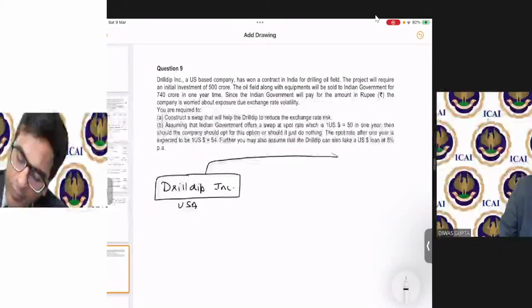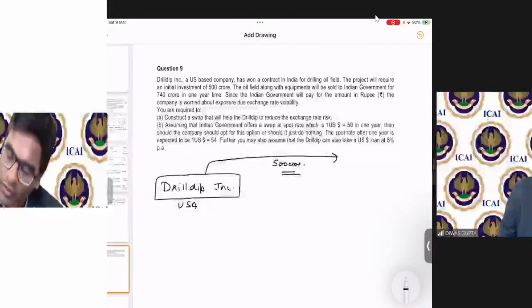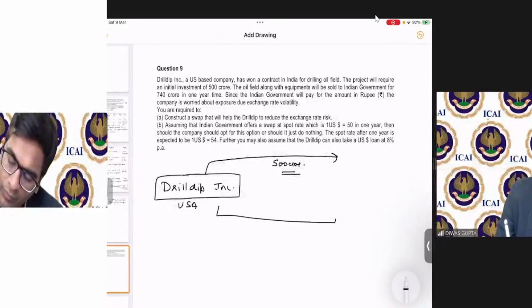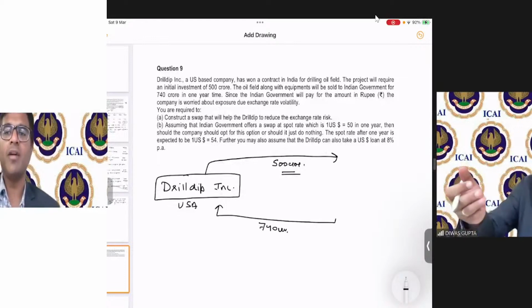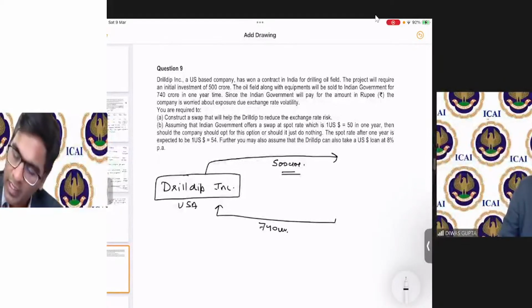It will require an initial investment of 500 crore. The oil field along with the equipment will be sold to the Indian government for 740 crores. So simple. Investment 500 crore. What I will get back is 740 crore in 1 year.